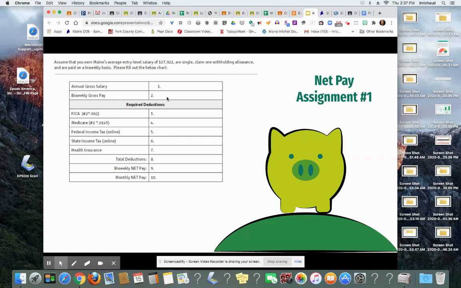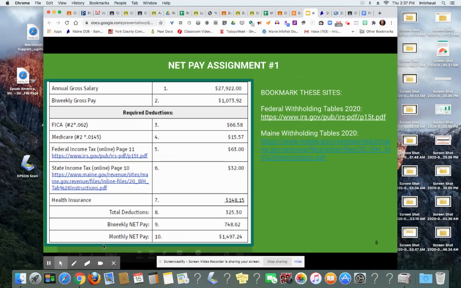The next thing is the biweekly gross pay. Being paid biweekly means you are paid every other week. There are 52 weeks in a year, so if you divide that by 2, that would be 26 times. So the answer for number 2 is the answer to number 1 divided by 26. So 27,922 divided by 26 is this amount here.